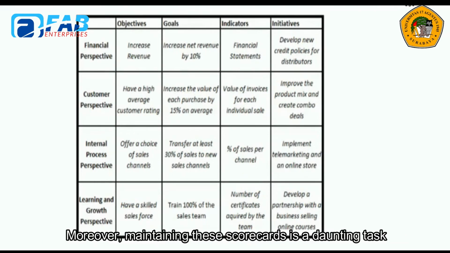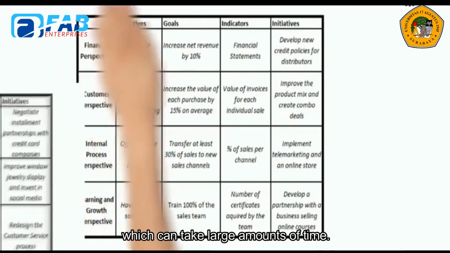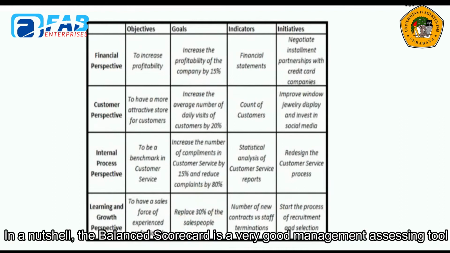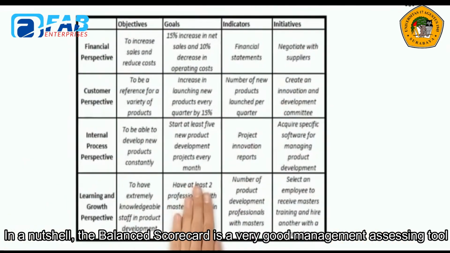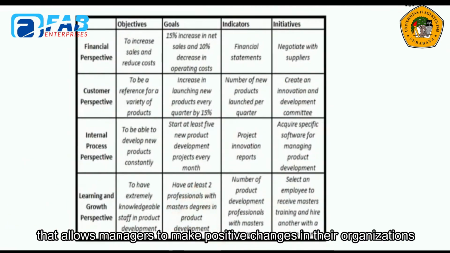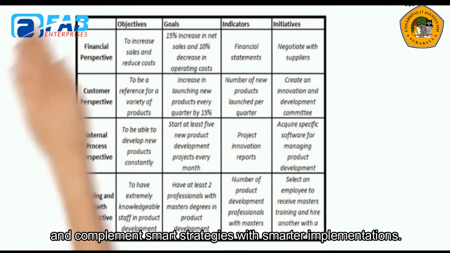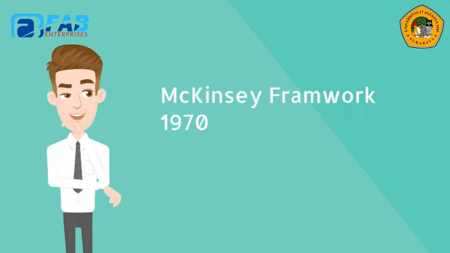Moreover, maintaining these scorecards is a daunting task, which can take large amounts of time. In a nutshell, the balanced scorecard is a very good management assessing tool that allows managers to make positive change in their organization and complements smart strategies with smarter implementation.